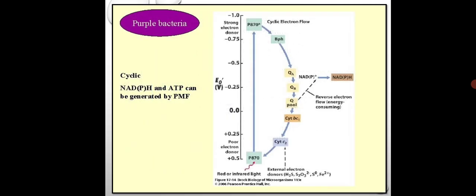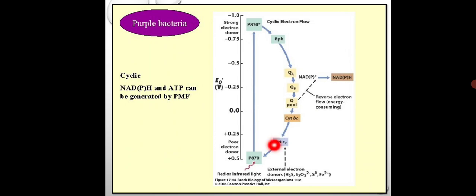Okay, so this is the mechanism of flow of electron in purple bacteria. And as I told, the mechanism is same in both PSB and PNSB. So yes, we know that these reaction centers are surrounded by the antenna pigments that capture the light and transfer it to the reaction center.